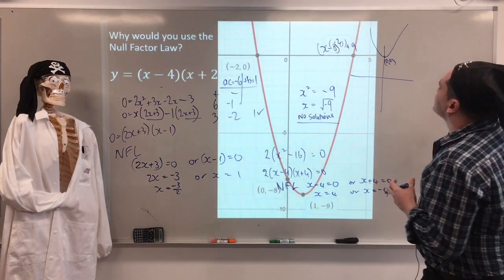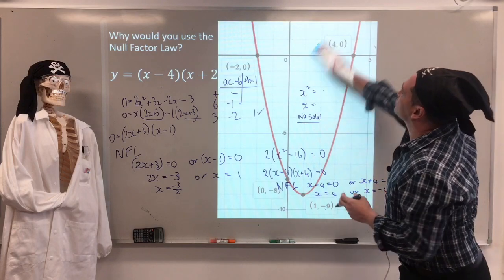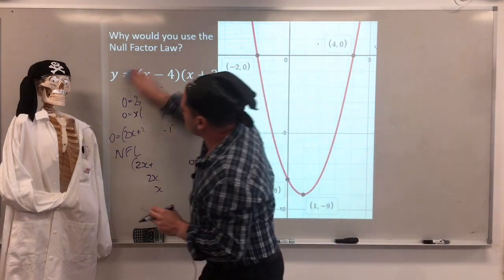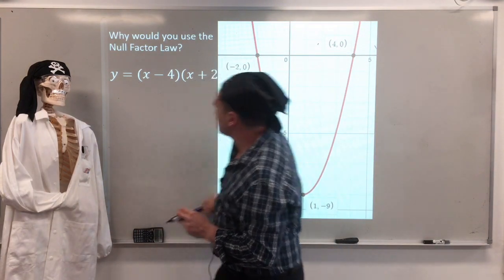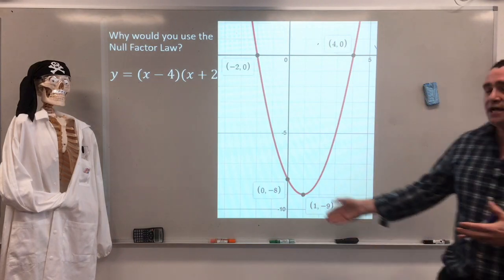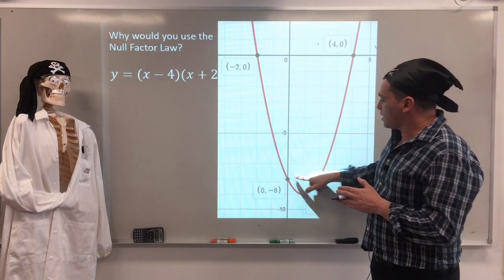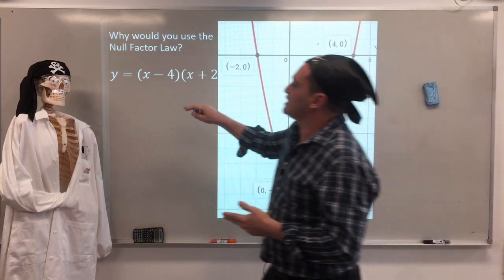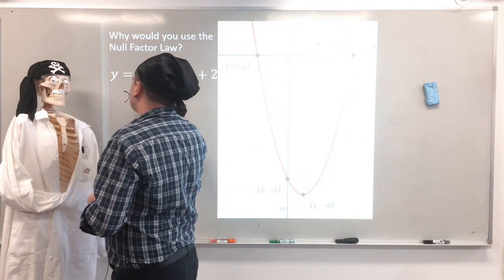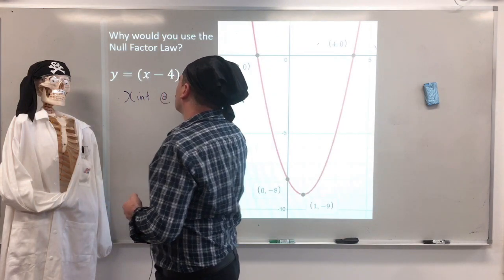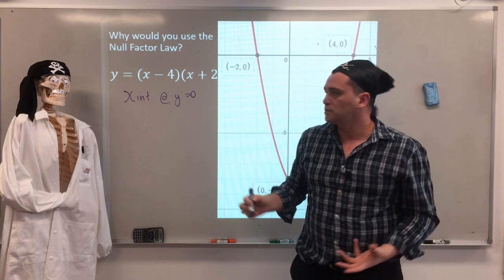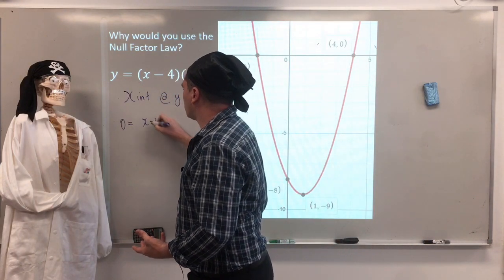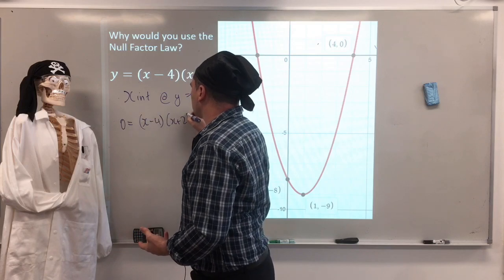Okay, so the significance of our null factor law, which I have talked about a little bit as we've gone through. Remember, when we're plotting, we had our key features: the turning point of our parabola, our y-intercept, and our x-intercepts. And we find our x-intercepts where, remember, y equals 0. So if I'm setting my y as 0, 0 equals x minus 4, x plus 2.